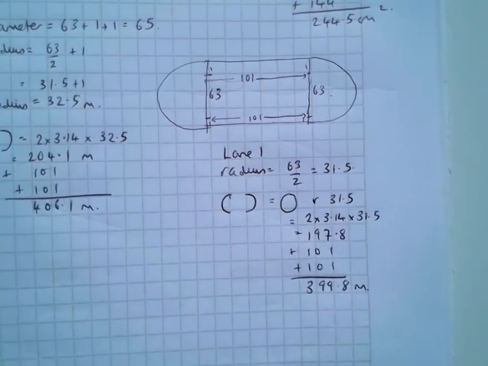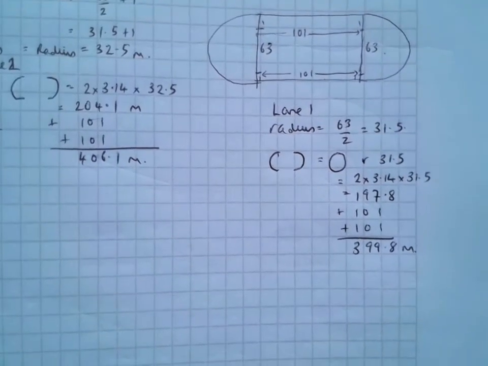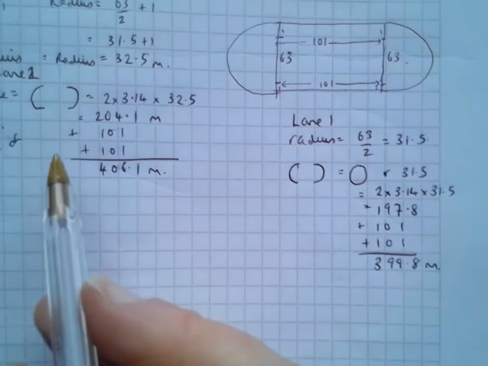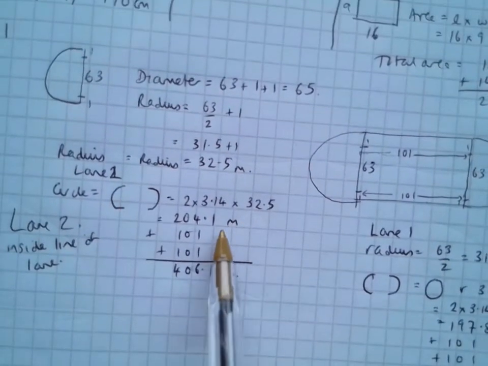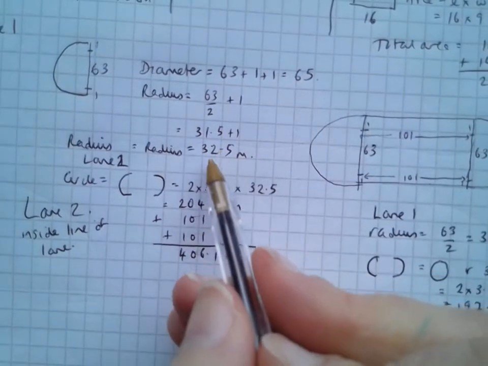So what they're saying, I guess, then is that each other lane is bigger than that. So if each lane is 1 meter wide, calculate the length of each lane. Lane 2 has a radius that's 1 meter more than 31.5, so we've done that, has a radius of 32.5.